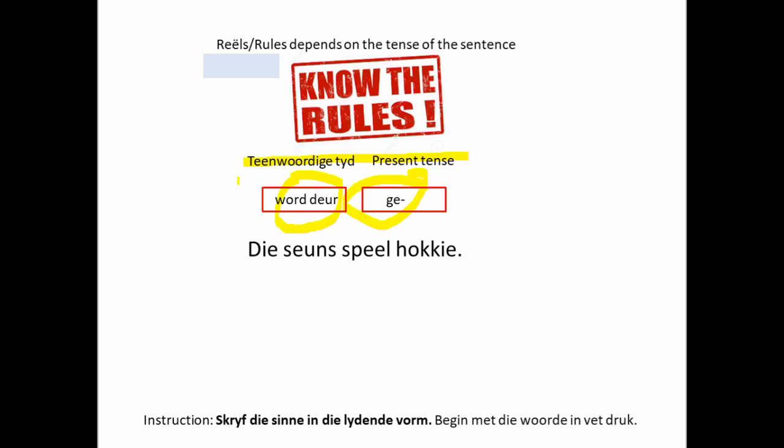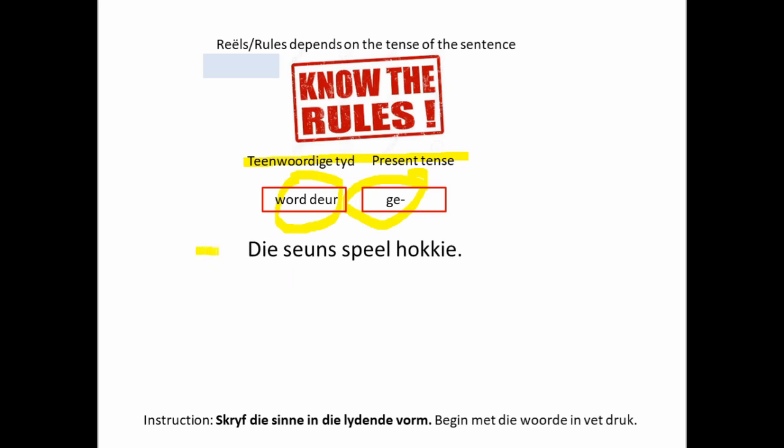So what I usually teach my children is write these words down somewhere on your paper immediately so that you know that you'll have to use them when you change the sentence.